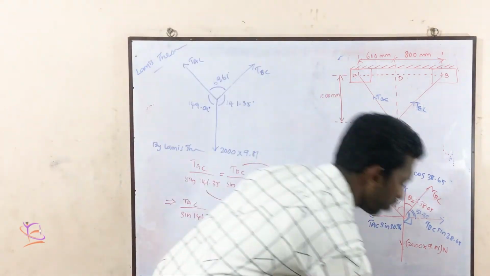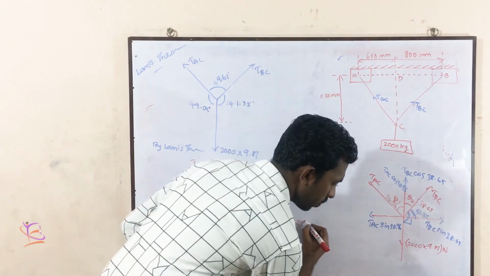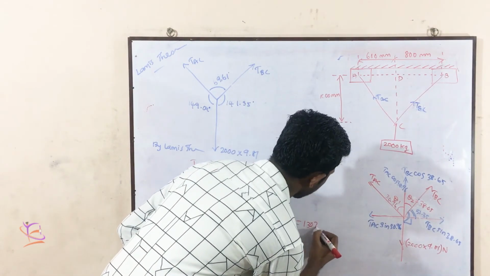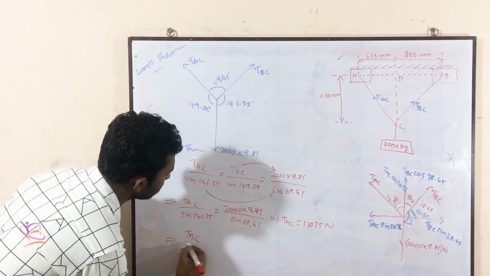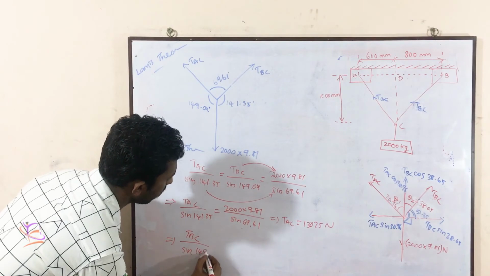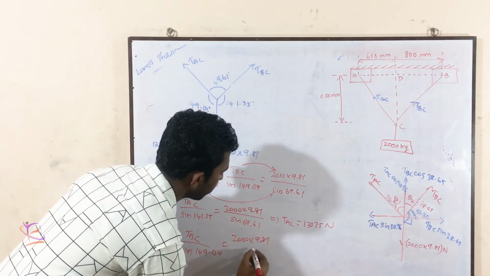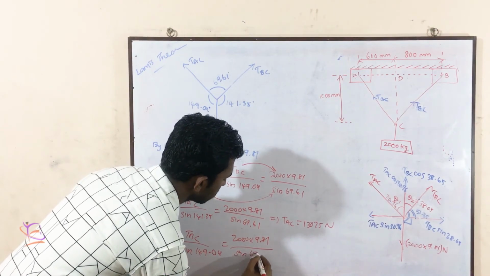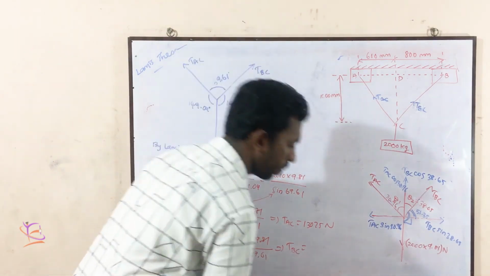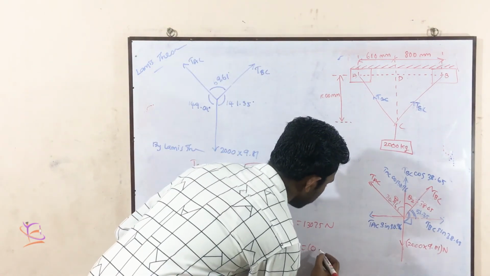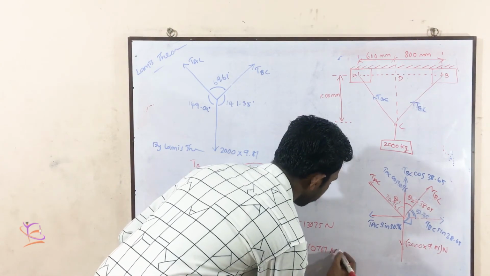So TAC, what is the value? You will get the same value as you got before. So TAC is equal to 13075 Newton. Equating this one, TBC divided by sine 149.04 is equal to 2000 into 9.81 divided by sine 69.61, implies TBC is equal to the same answer you got in the algebraic method, 10767.